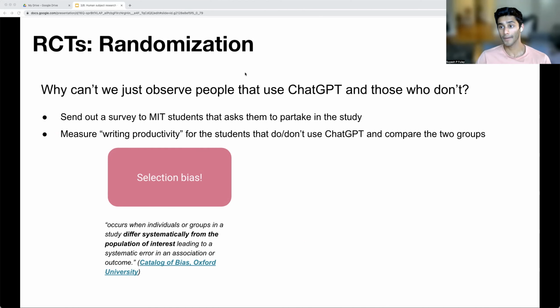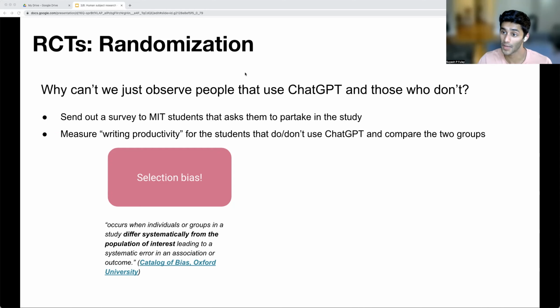So in this case, let's say our sample is MIT students, but the population we really care about is all professionals that are using ChatGPT or have the potential to use ChatGPT. There's probably a difference, right, between MIT students and people out there in the real world using ChatGPT or potentially using ChatGPT for their work.